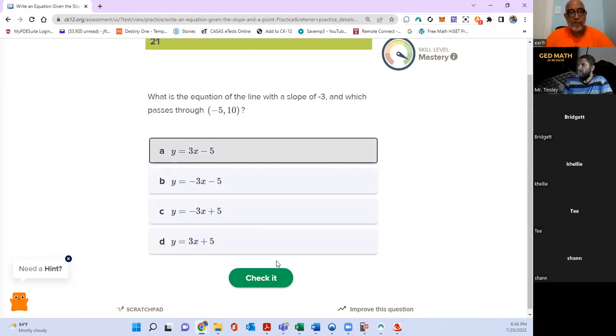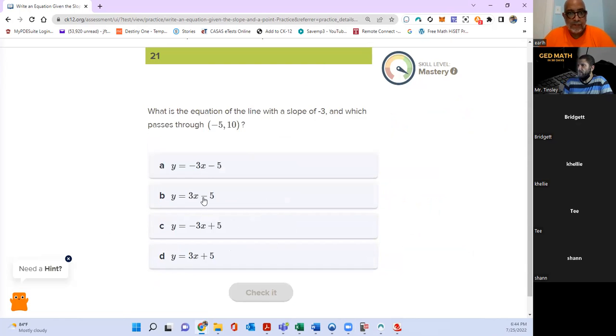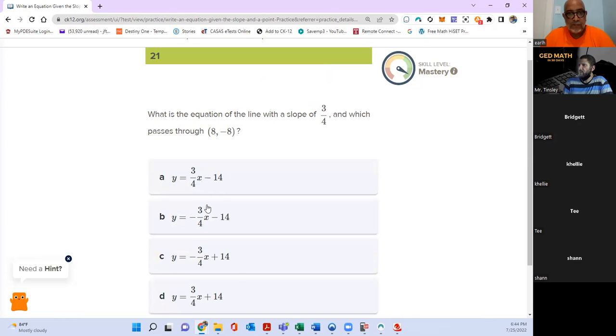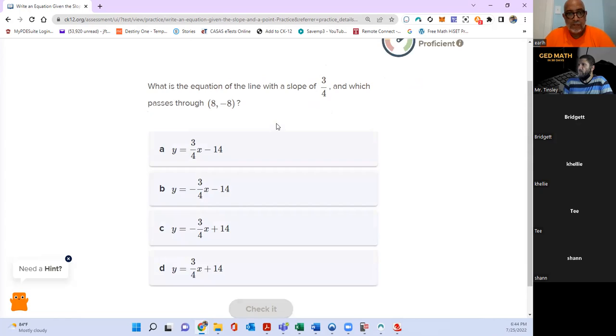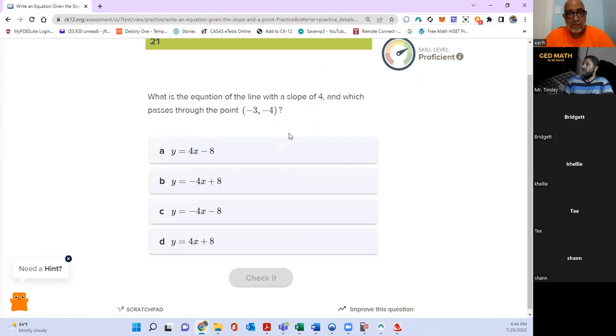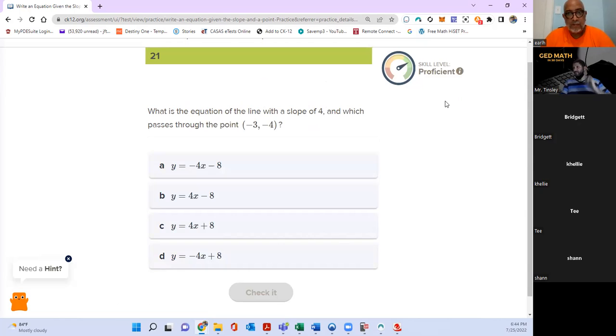I'm going to take it all the way back down. It should change very soon. -3/4. I'm getting it wrong on purpose. Slope 4. Let's go to -4. Okay, now it's back down to proficient.